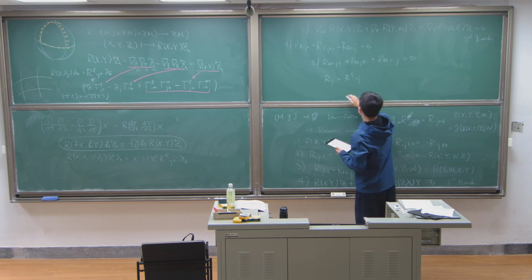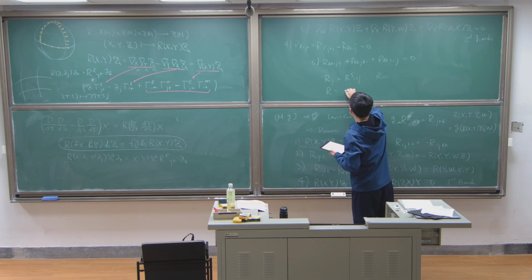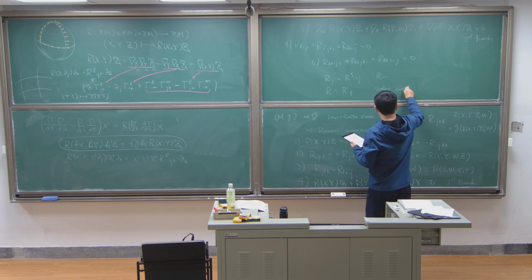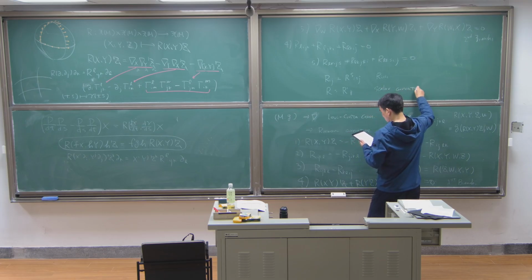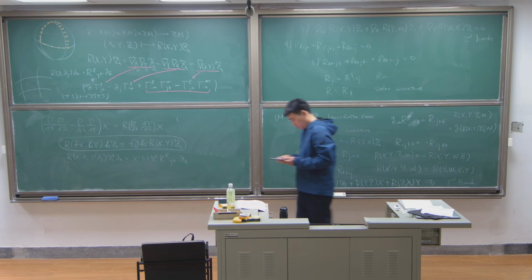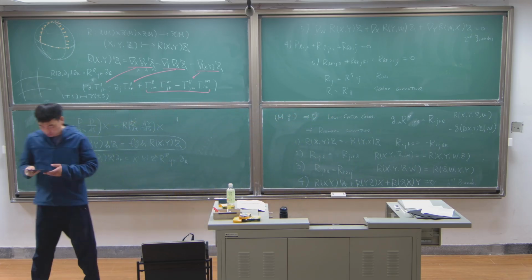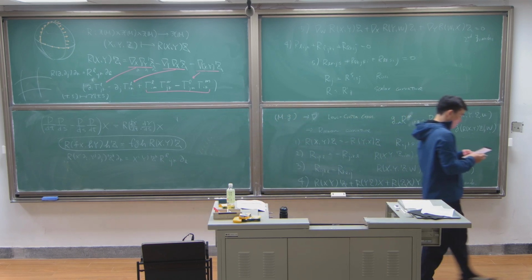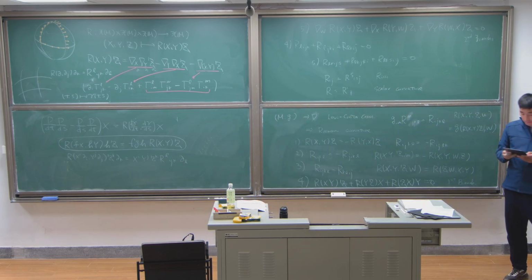And furthermore, R is defined by contracting the Ricci tensor. This is the scalar curvature. Any question at this moment?